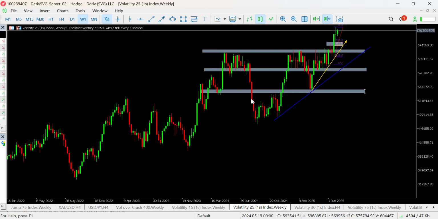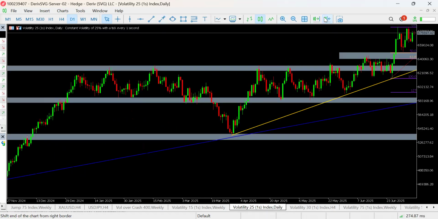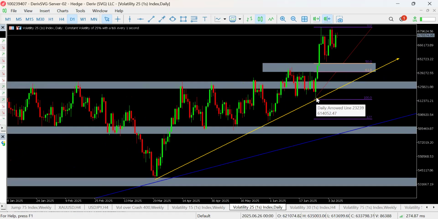And also we're able to put two trend lines, one out here and then a much more recent one. And when we came down to the daily time frame, we're able to add our Fibonacci retracement tool.